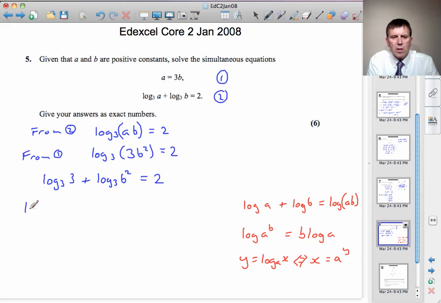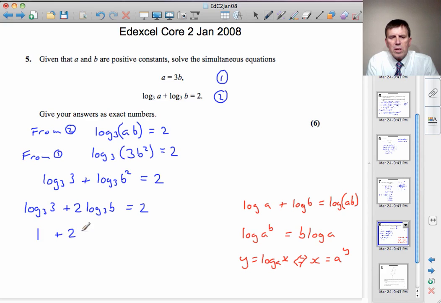So that will give me log 3 to the base 3 plus 2 log b to the base 3 is equal to 2. Now, log 3 to the base 3, 3 expressed as a power of 3, is 1. So log 3 to the base 3 is just 1.